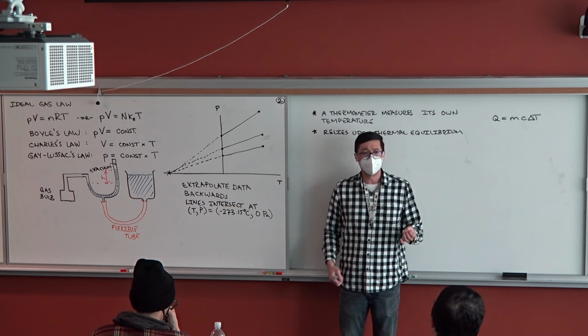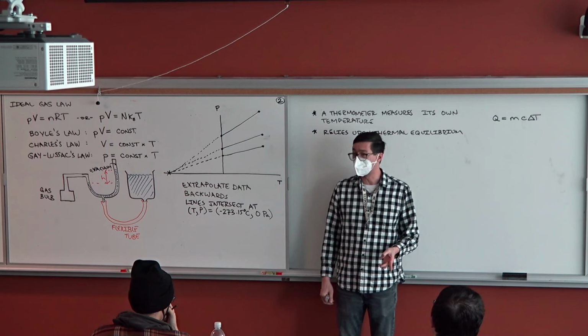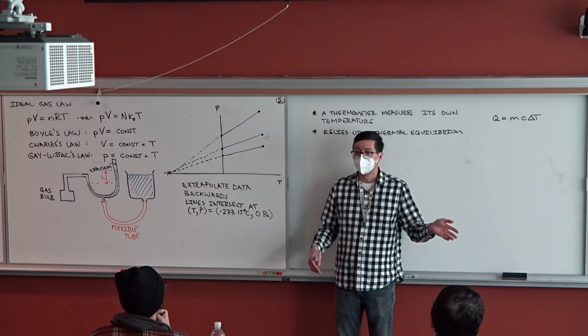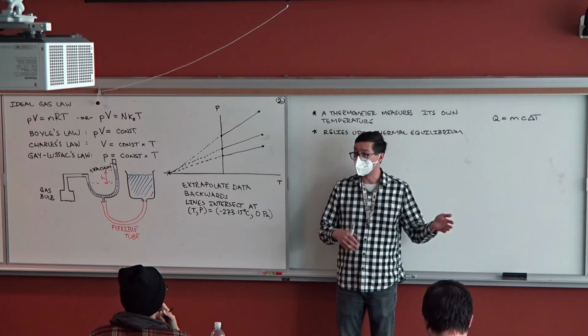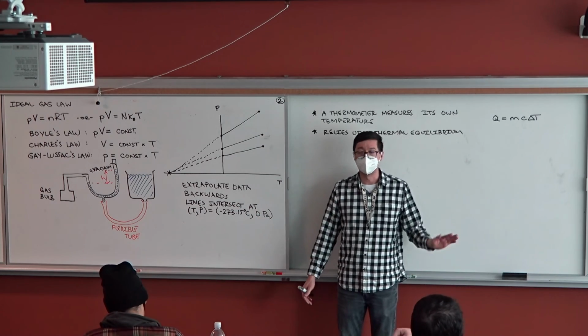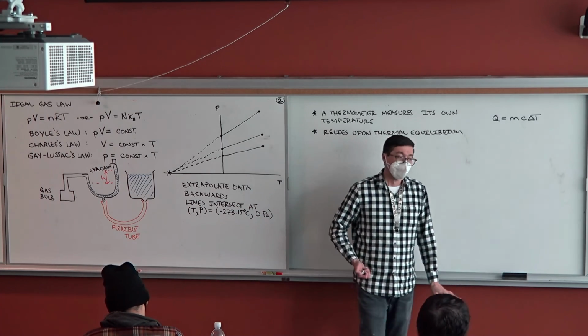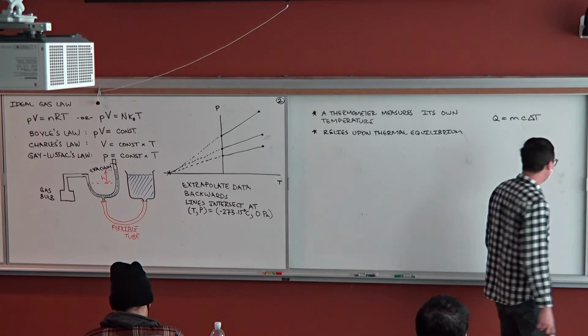First of all, you're okay with this idea of translational kinetic energy? That's the one that translational motion is the motion that carries me from point A to point B? That's all right? Okay.